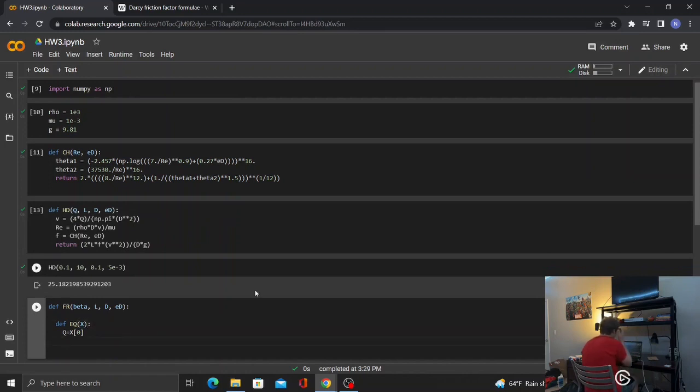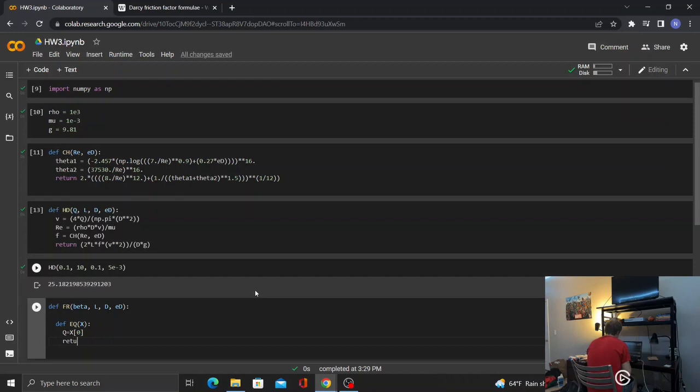And now what we will want to return in this equation will be a difference in these head drops. And we will want to know when they equal 0, and that will be the flow rate that we want.